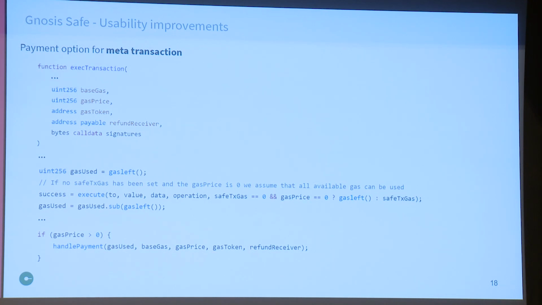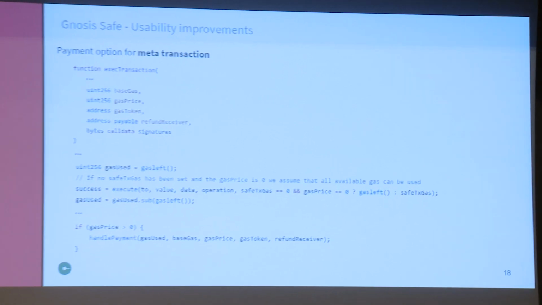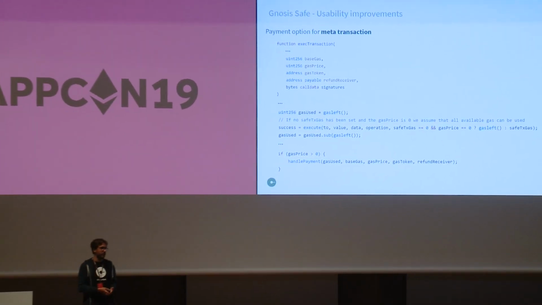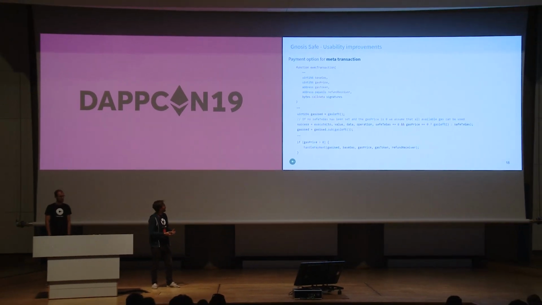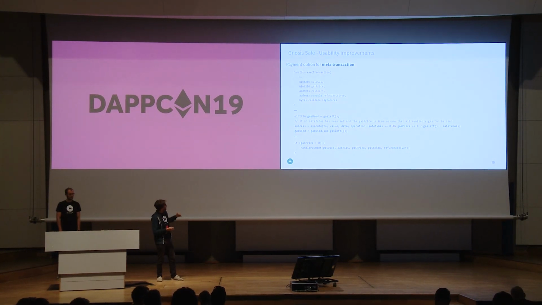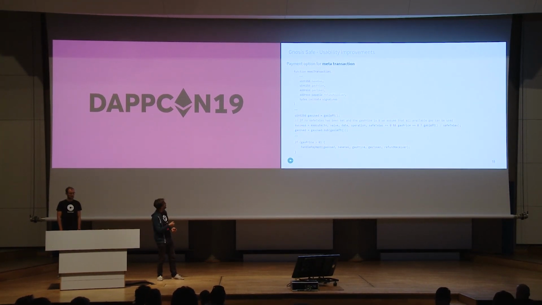One of the other improvements that we focused on was usability. We wanted it to be possible to pay somebody else to execute your meta transaction. For this, we introduced a couple of parameters that you can see here, and with this, we can define how much somebody else gets paid if they take your signatures and submit them to the contract.